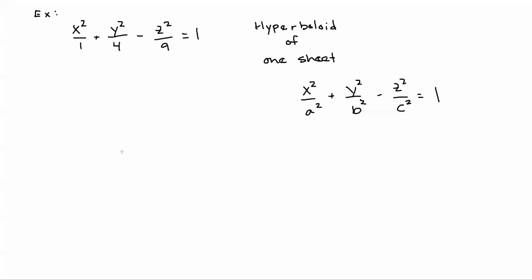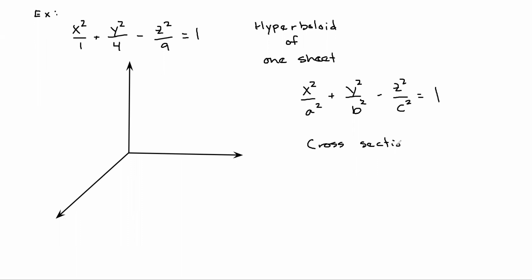So let's go ahead and create our coordinate axis. And let's generate some cross sections. So we could go through and set z equal to 0.